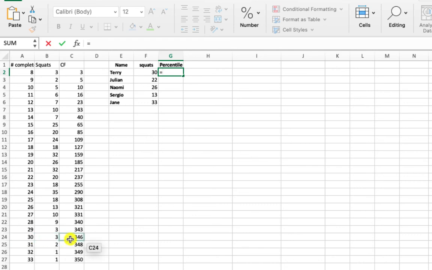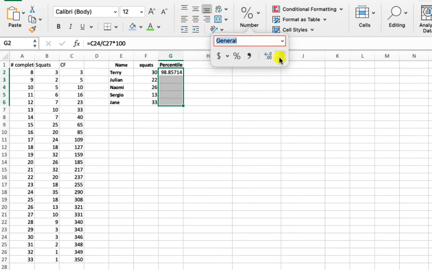The cumulative frequency was 346, so we can use that cell reference and then divide by our total sample size, which should be the last cell of our cumulative frequency column. Then we can multiply by 100, and we get the percentile. I'm going to change the format so that our values only show 2 decimal places.